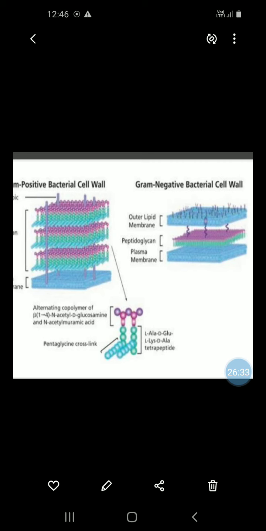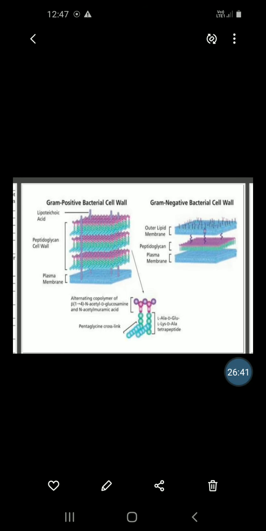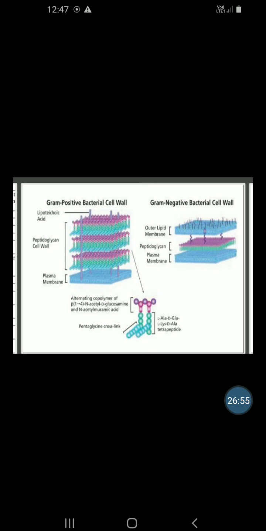Then here, outer lipid membrane, peptidoglycan and plasma membrane. This is all about the different ways of classification of bacteria and structure of bacteria. Okay, I will stop here.